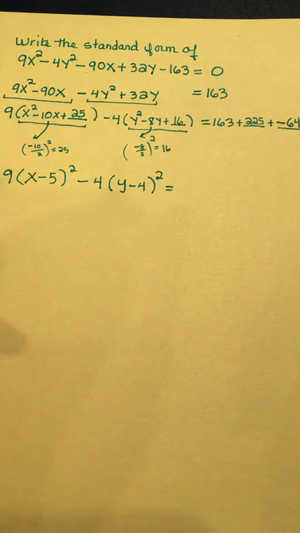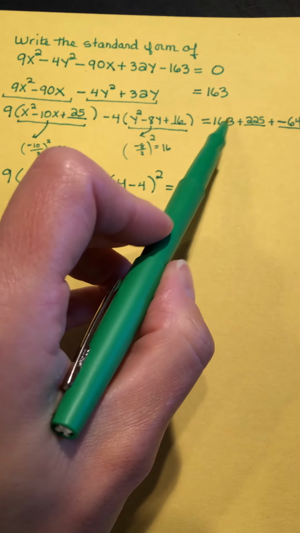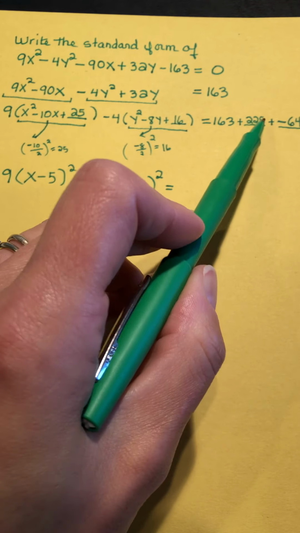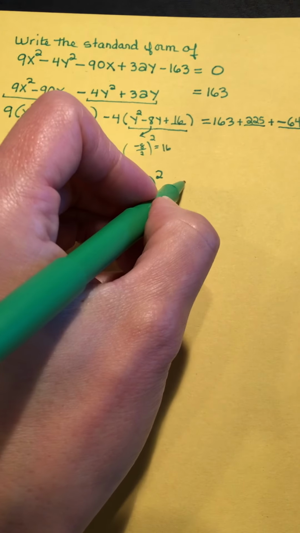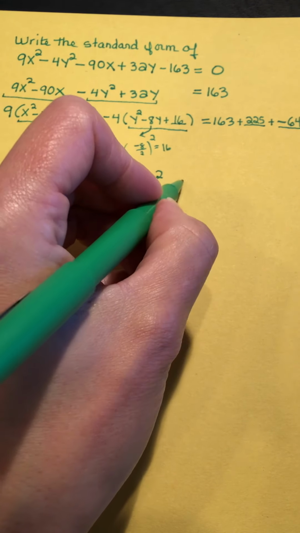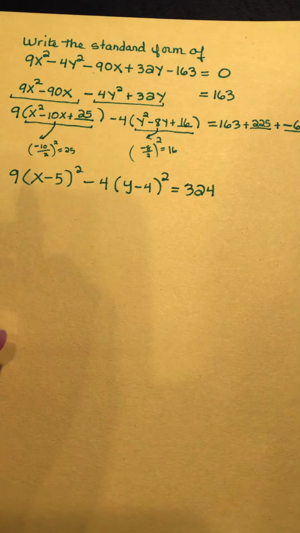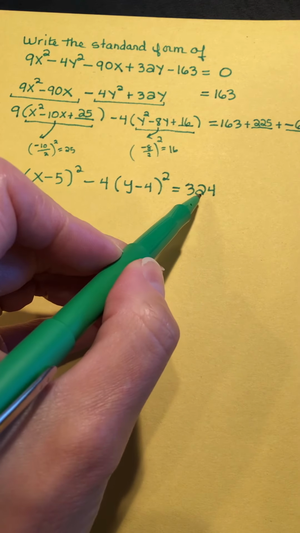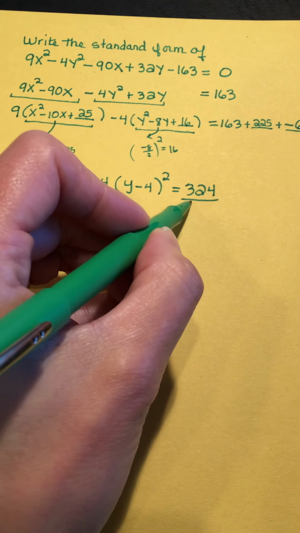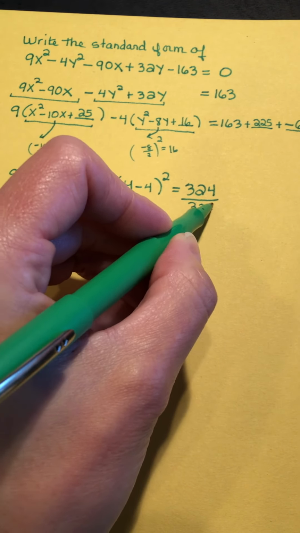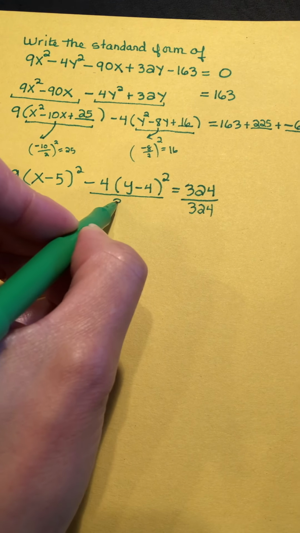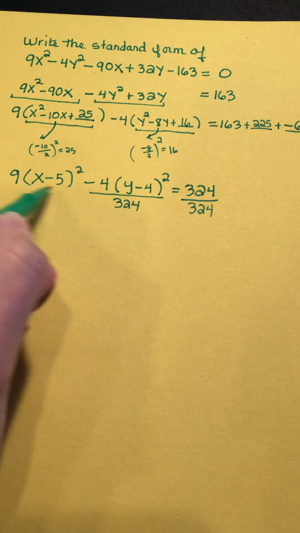And then I'm adding up these three terms on the right, and that gives me positive 324. Okay, now my last step is to make the right-hand side equal 1. So I need to divide by 324, and you can use a calculator if you need for some of these calculations.